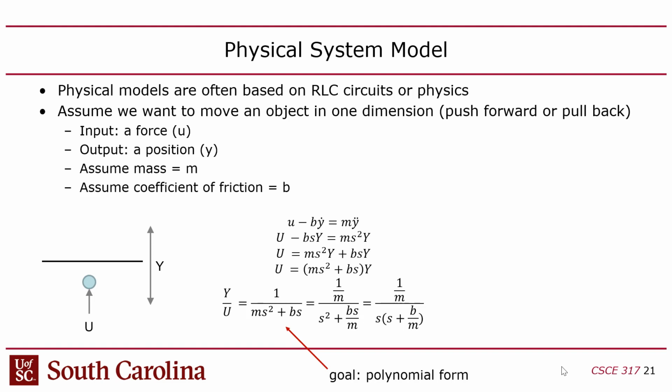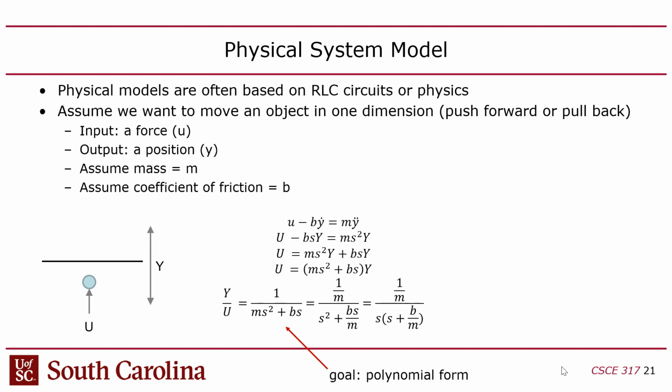Okay, so the goal is to get this into a polynomial form, but you also want it so that you don't have a coefficient on the leading term, the s squared. So you can fix that pretty easily just by dividing everything by m.